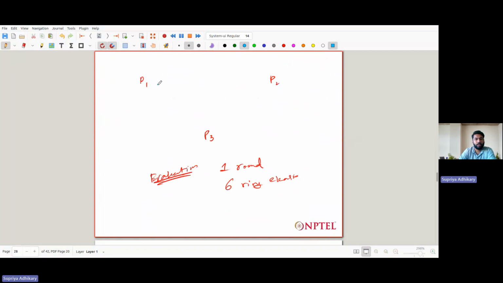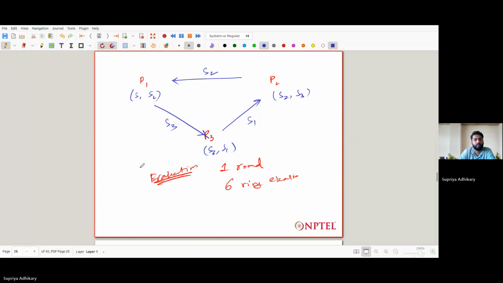So how does the reconstruction work? Reconstruction is pretty easy, because if P1 has S1, S2, P2 has S2, S3, and P3 has S3, S1, then in the reconstruction phase, P1, P2, P3 just communicate S2, S1, S3.